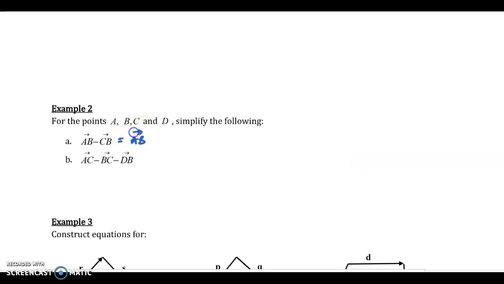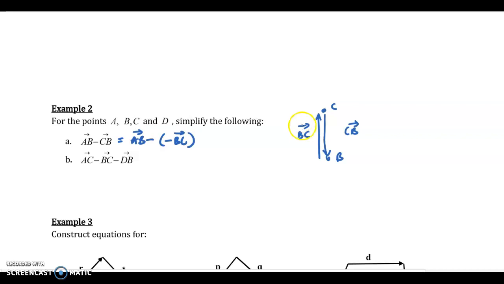If we were to rewrite this next section, it would be AB minus a negative BC. Now, it's a negative BC instead of a CB because if you remember, if I have C and B here, CB is in that direction, then that means that BC will be in the opposite direction.